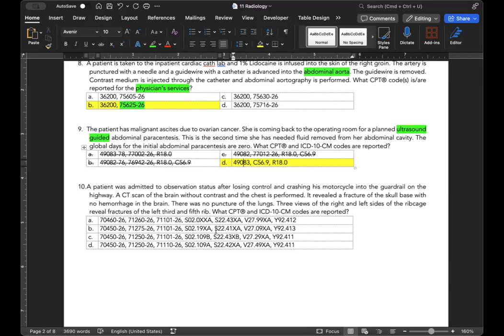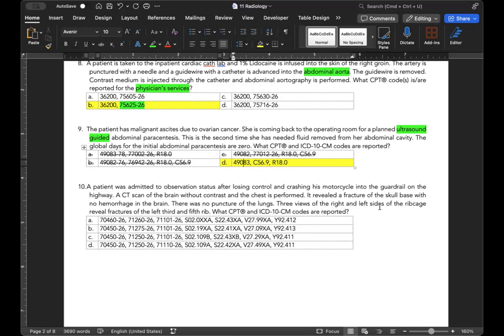So for this first one, S02.109 is fracture of the skull or the base of the skull, unspecified.